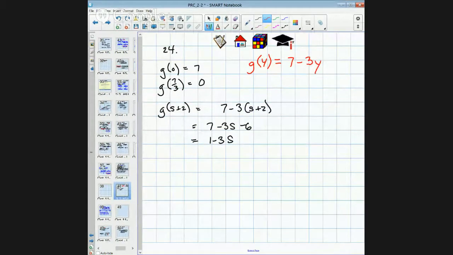So, what's g of 0? Well, plug in a 0 wherever you see a y. Okay, 7 minus 3 times 0. What's 3 times 0? 0. What's 7 minus 0? 7. Pretty easy, right? So if you plug in a 0 in place of your variable here, you're going to get a result of 7.